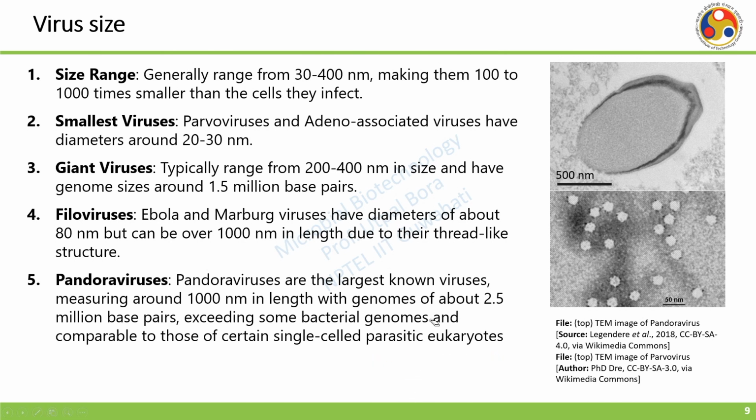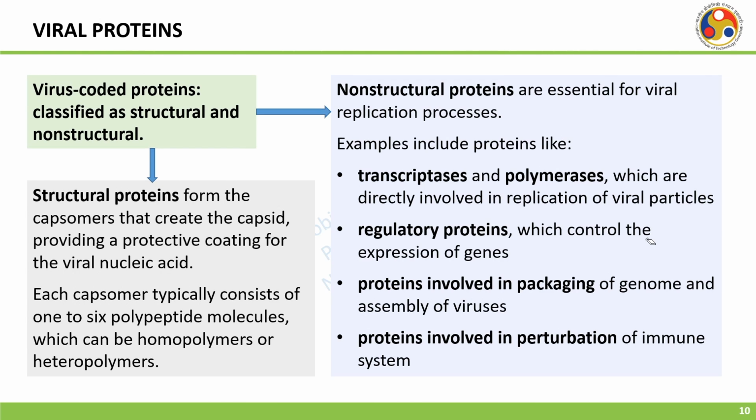So, here you can see the TEM image of Pandoravirus, and this is something around a 500 nanometer scale, and you can very well make an assessment of the giantness of this particular virus.